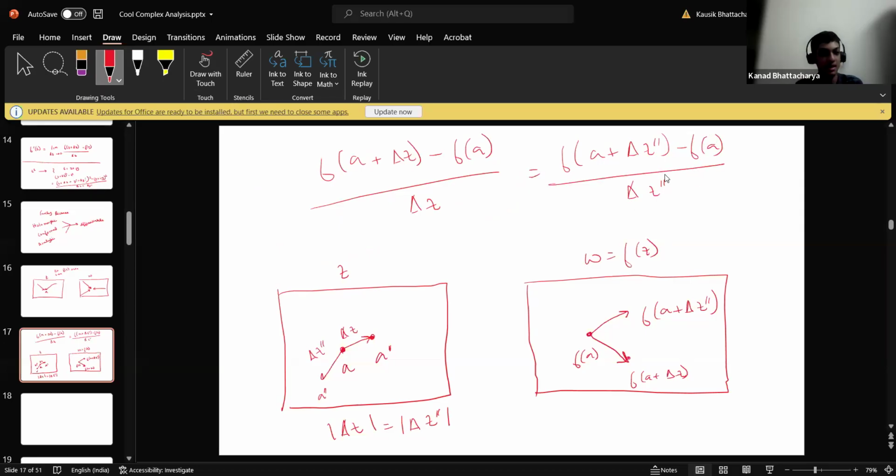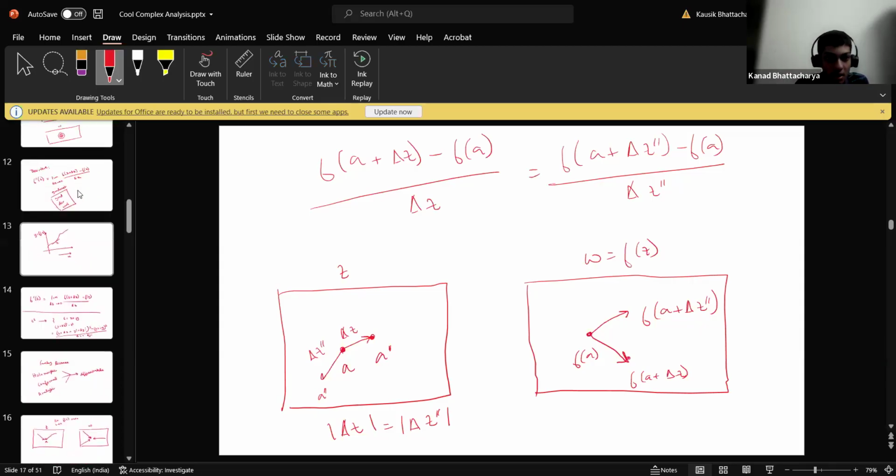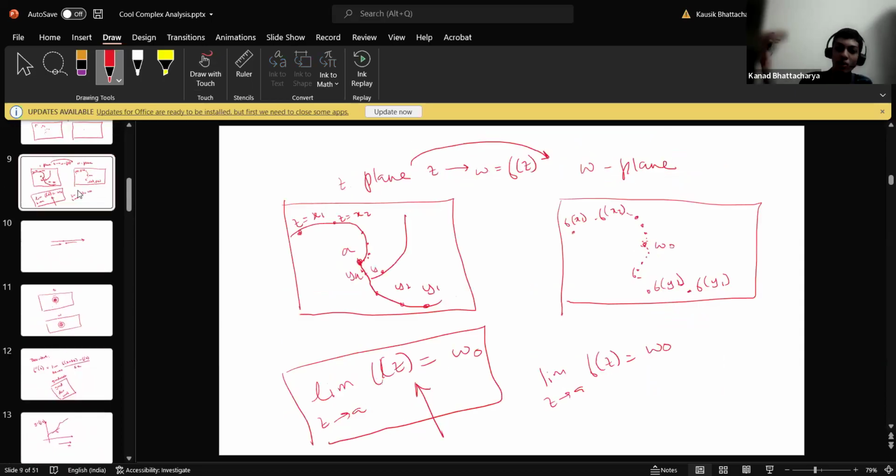Does this make sense? In order for the definition of the limit to be consistent and make sense, we must have this to be true. Just as I was explaining back in that slide over here, no matter how we go towards the point a, the limit tends towards the same thing.